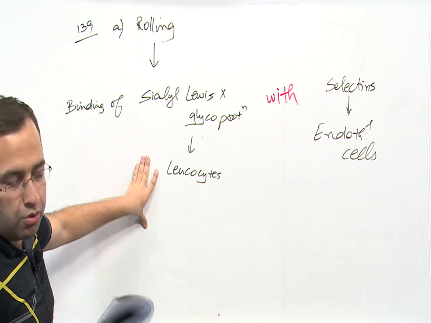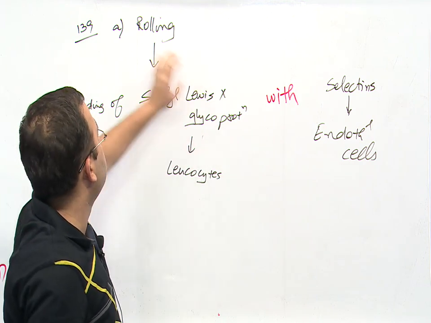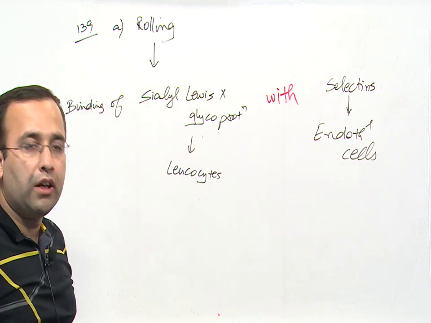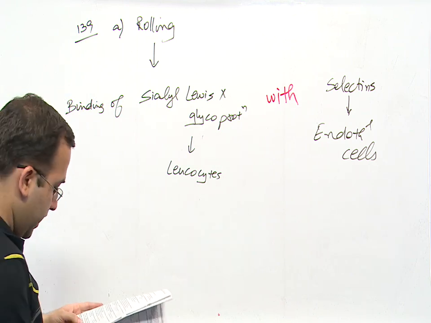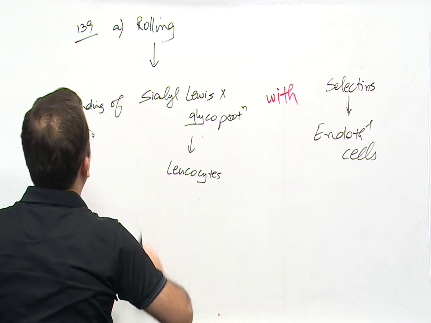So the question was the role of P-selectin. It plays a role in rolling. Next, question 140.